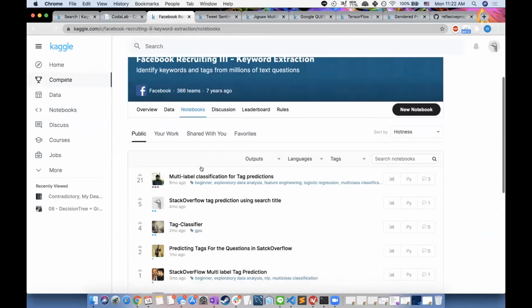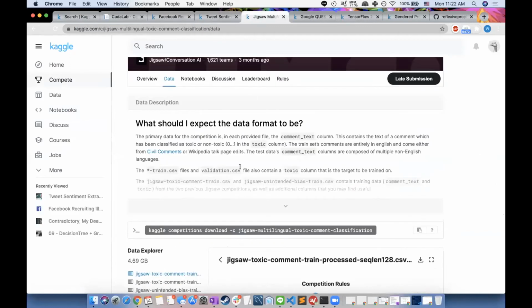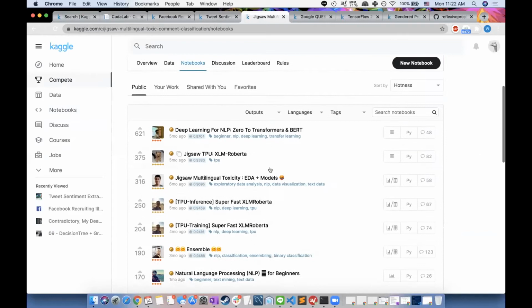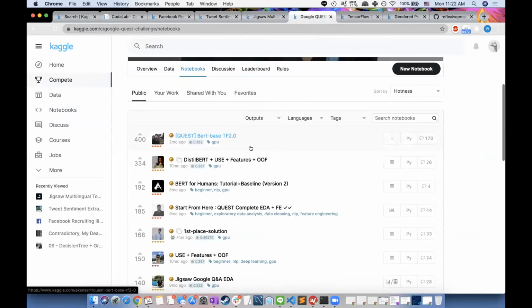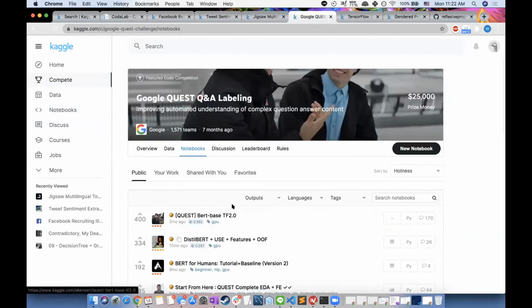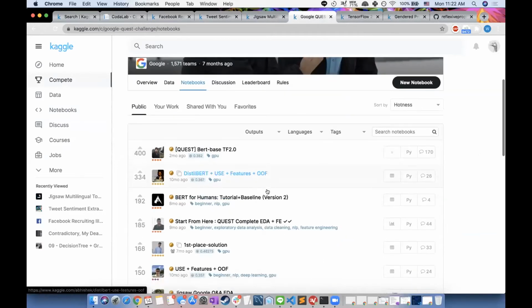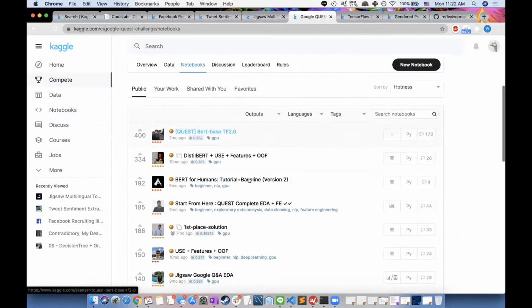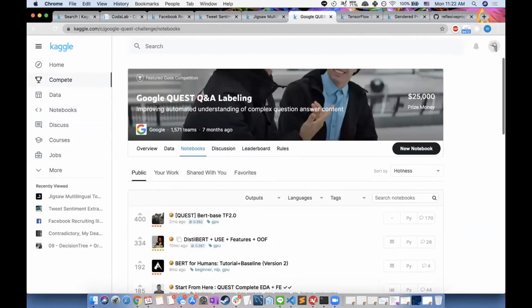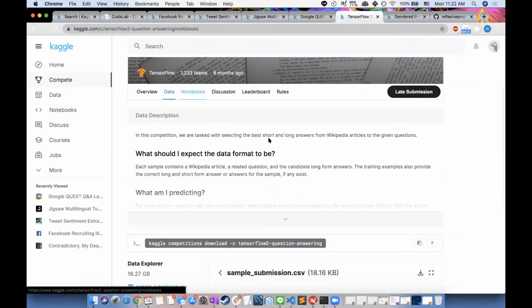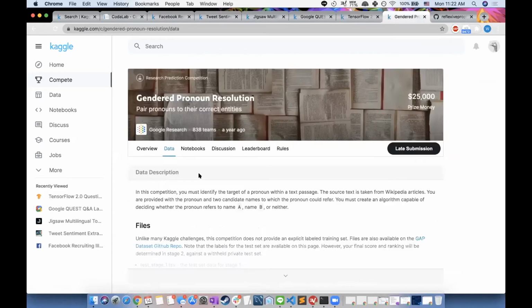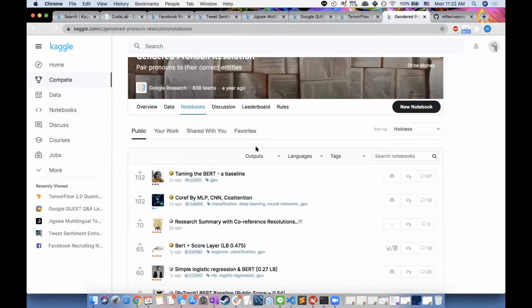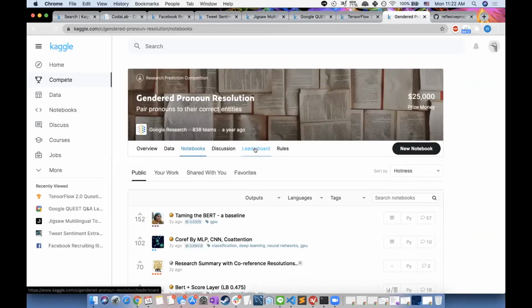Okay, so it doesn't have too many upvotes on some of the notebooks. Okay, this one is great. 334. Great. So if someone used BERT here, do that. And of course, BERT is great for QA, and it makes sense to use BERT. Yes, people use BERT. Taming the BERT, a baseline solution.